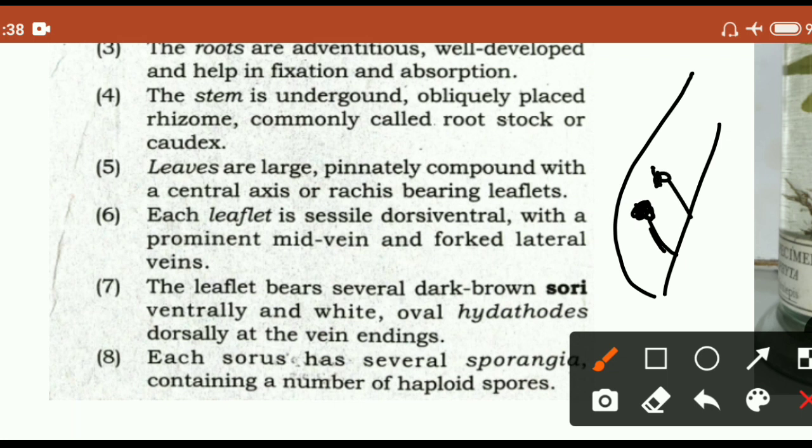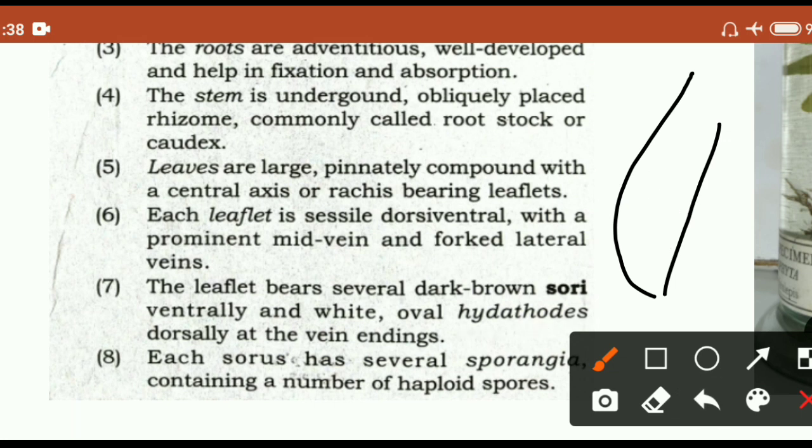The dark spots on the ventral side are called sori. On the opposite side, on the dorsal side, you will see the same dots white in color. Those white oval dots are called hydathodes.